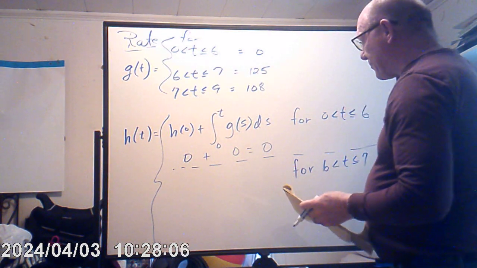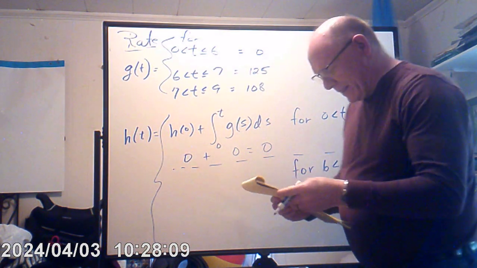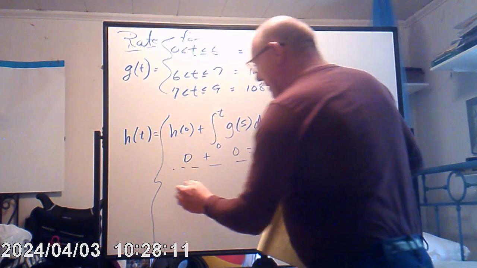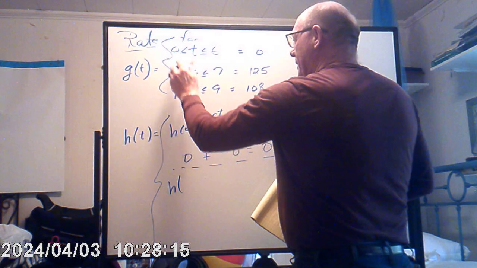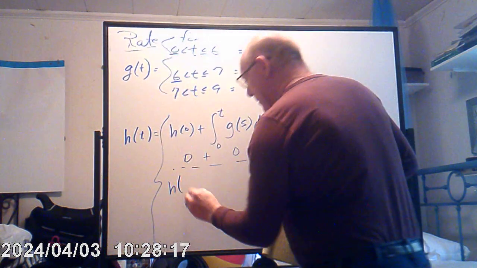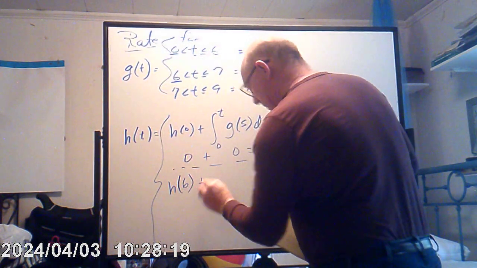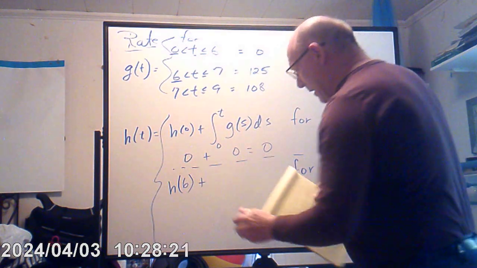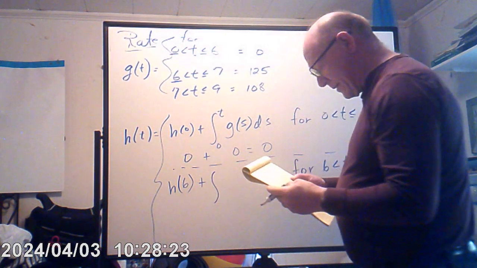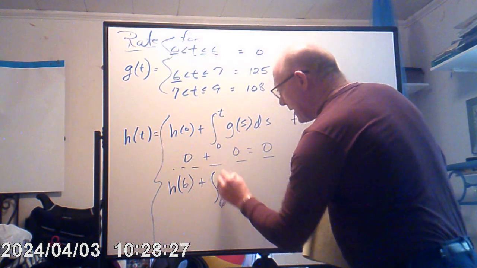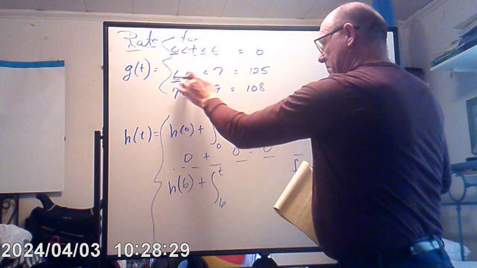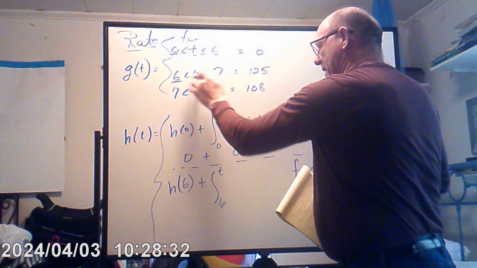So at 6, this is h at 6. We start with this one here each time, so h at 6 plus the integral, and again this time we're going from 6 to t, where t is somewhere between 6 and 7.